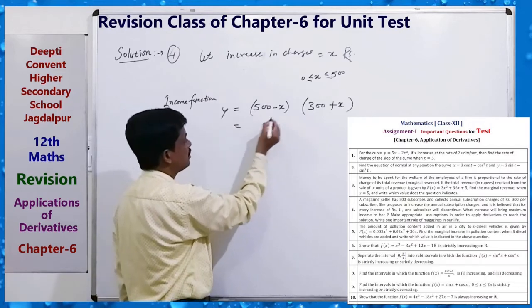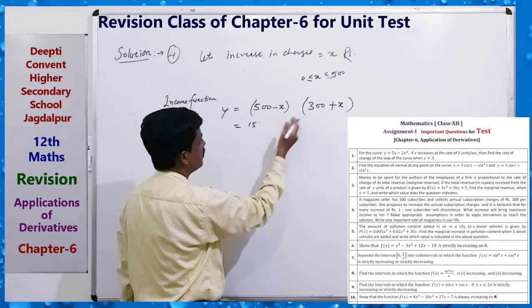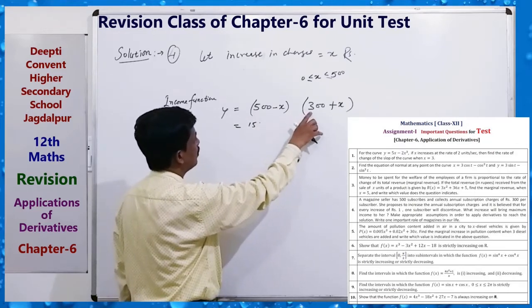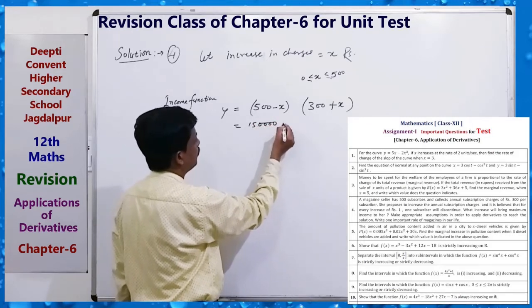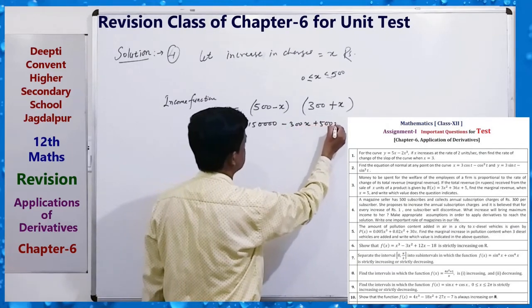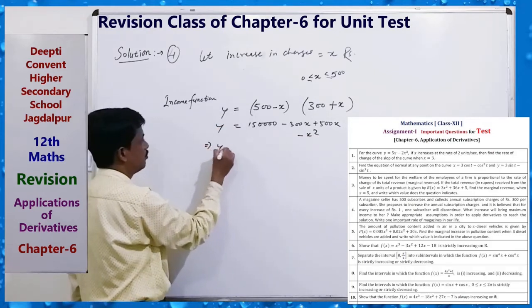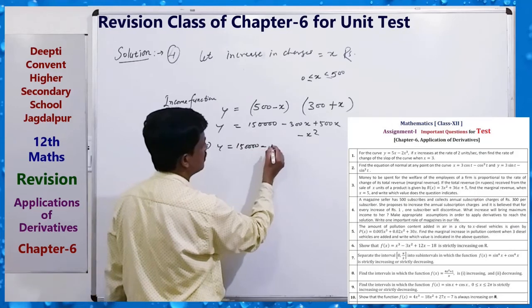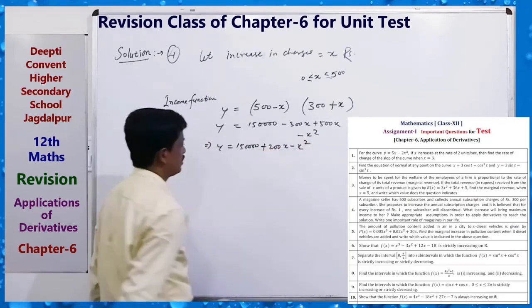So this is equals to what? 15 multiply it, this minus 300x plus 500x minus x square. Okay, y equals to 15 plus 200x minus x square.